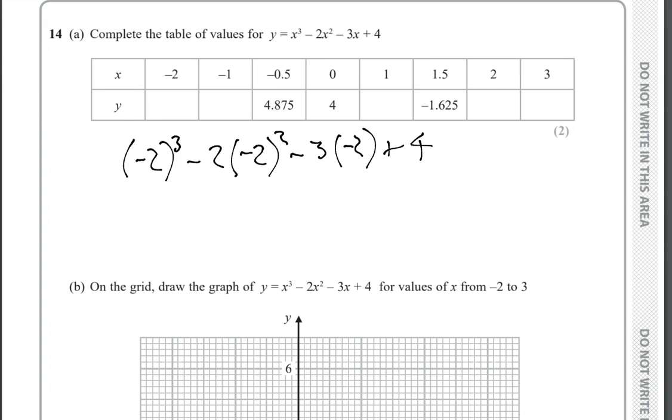-2 in brackets cubed, minus 2 squared, minus 3, plus 4 gives you -6.